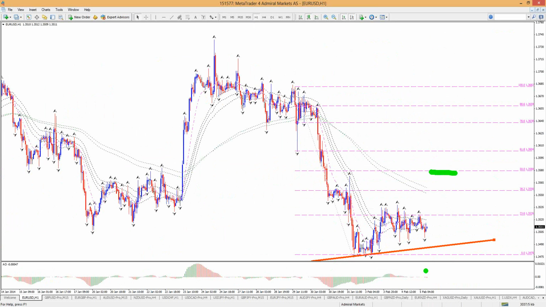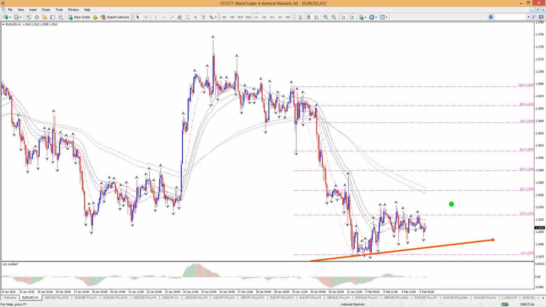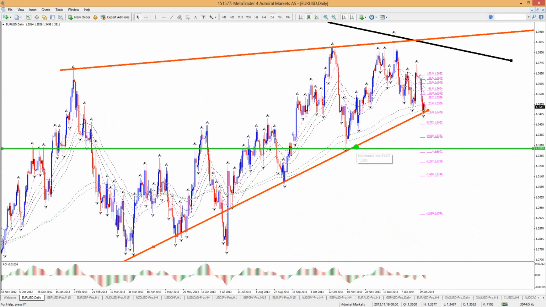If we break that 50 fib, then this is indeed probably a bounce off of the trend line for more upside. For the moment though, because of this downside pressure, there's a good chance we might break this triangle and the daily trend line to move down to test that weekly/daily bottom that we talked about here.